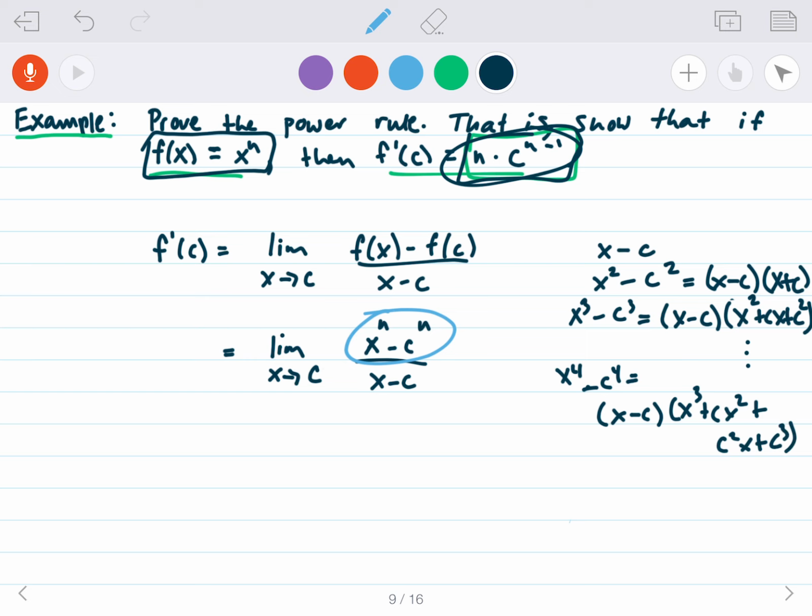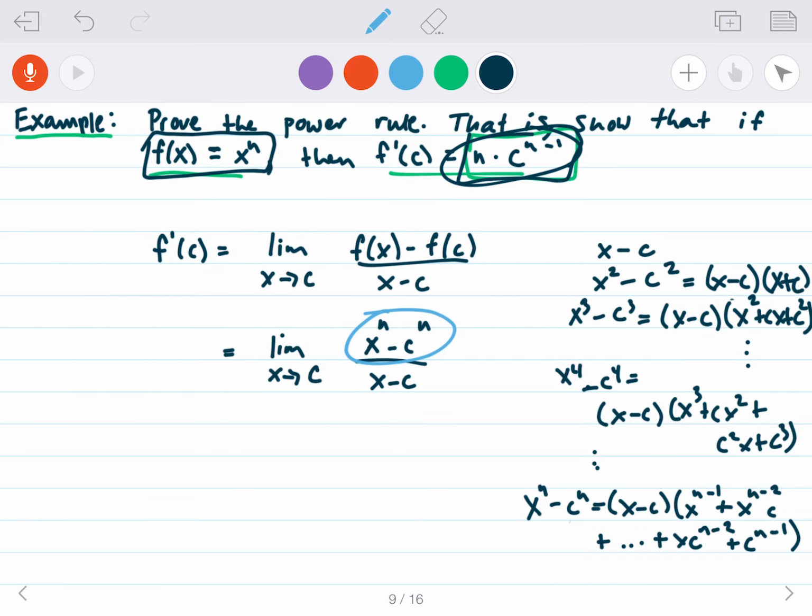So in general, we can say that x to the n minus c to the n is equal to x minus c times x to the n minus 1 plus x to the n minus 2 c plus dot dot dot plus x c to the n minus 2 plus c to the n minus 1.